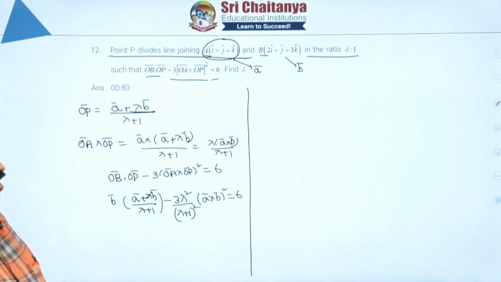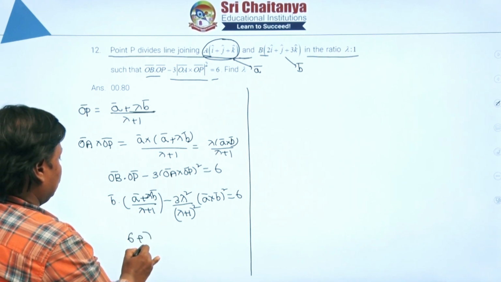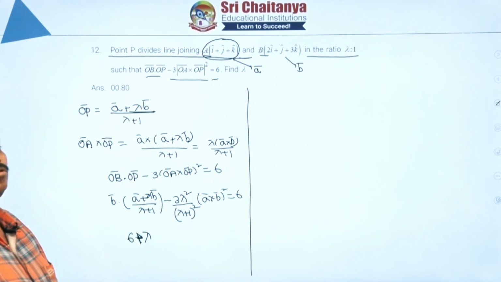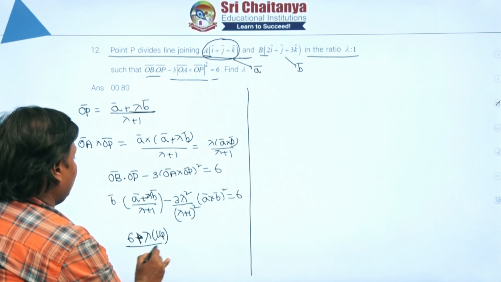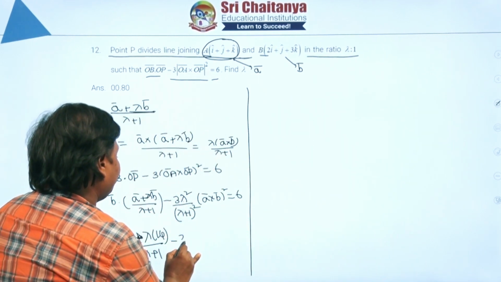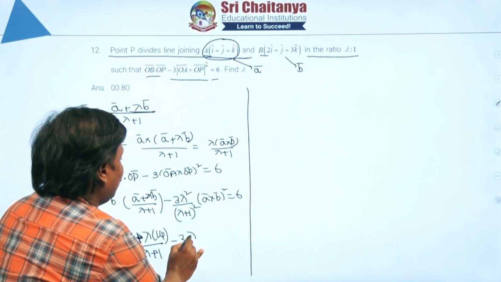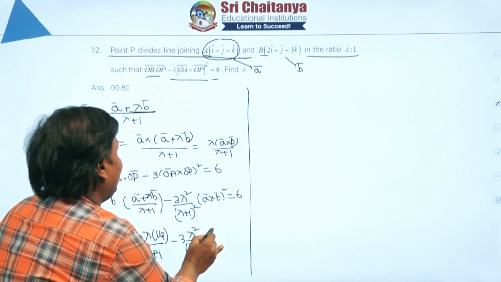Now I substitute the values of A dot B. A dot B we will get it as 6 plus lambda into B dot B, we will get it as mod B square 14, by (lambda plus 1) minus 3 times of lambda square by (lambda plus 1) whole square into A cross B whole square.